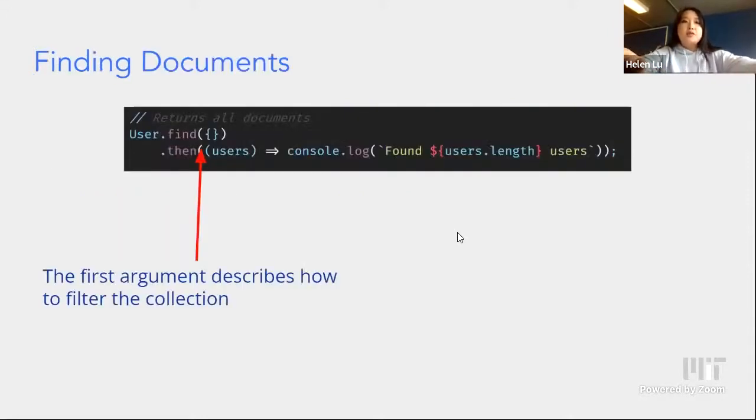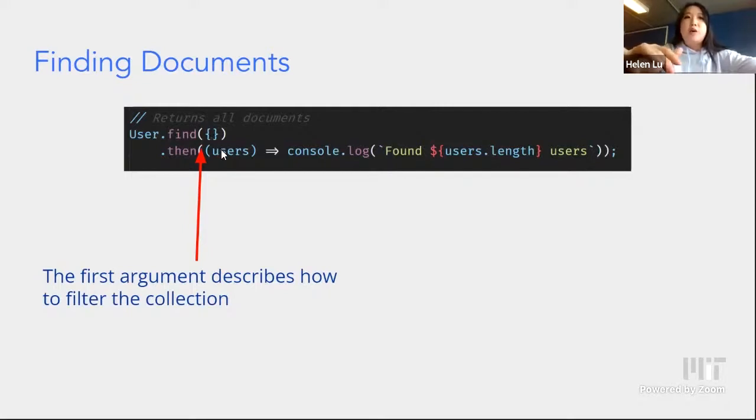Okay, and to find documents, we can use the find method on the model. This field describes what kind of filters we want to apply to the collection. Here there are no requirements, so it would return all of the users in the database.